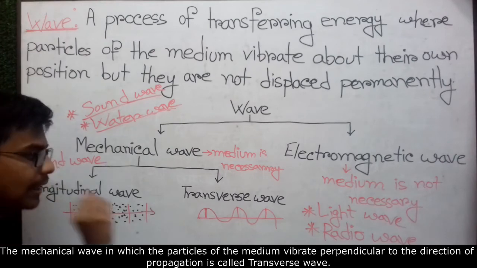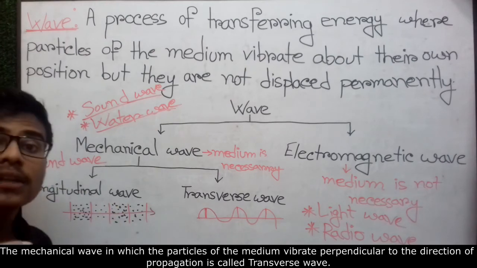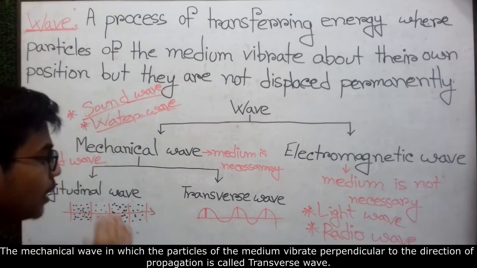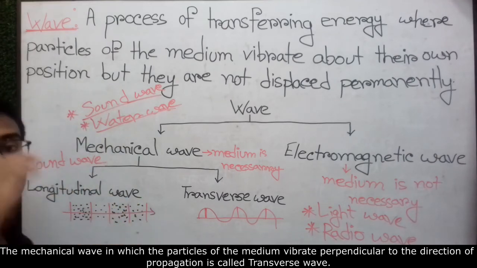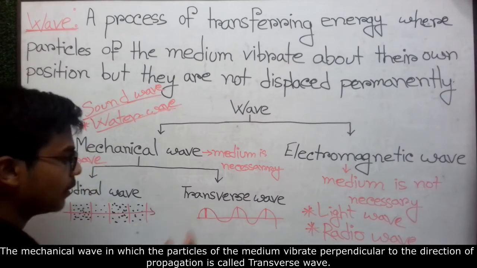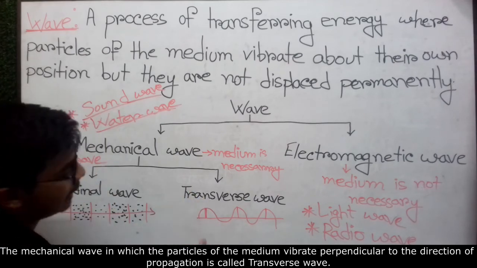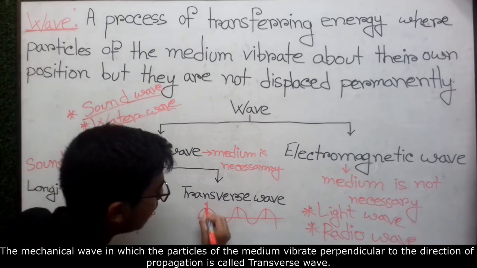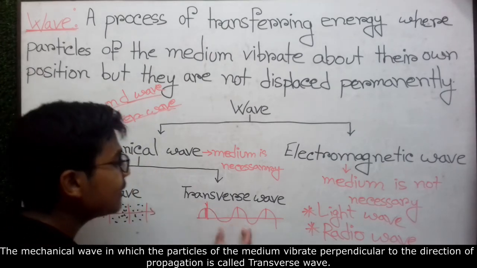That means the mechanical wave in which the particles of the medium vibrate perpendicular to the direction of propagation is called transverse wave. That means it vibrates perpendicularly. So that is transverse wave.